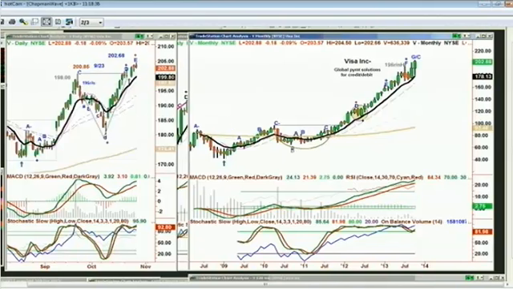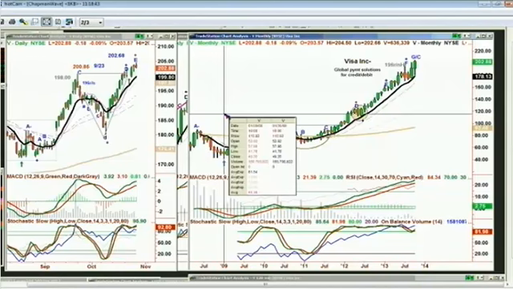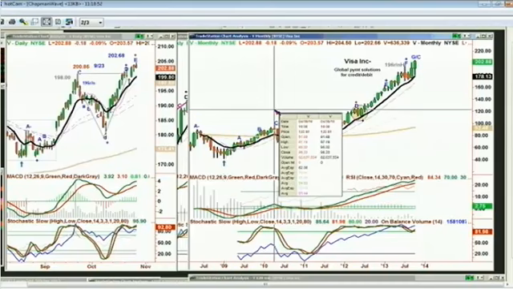In other words, Visa from its low back in January of 2009, a little earlier than the general market, hit 41.78. It went peak A, peak B, peak C, and it stopped dead right in April of 2010.